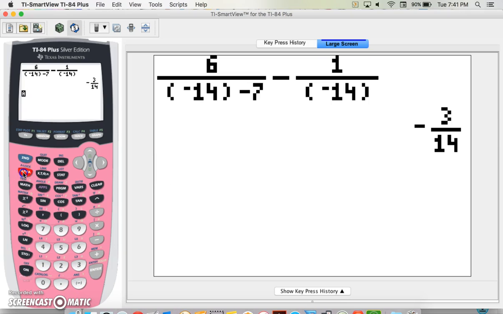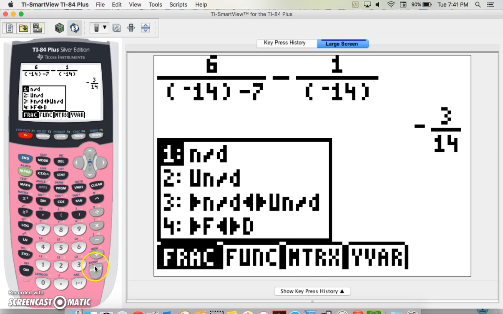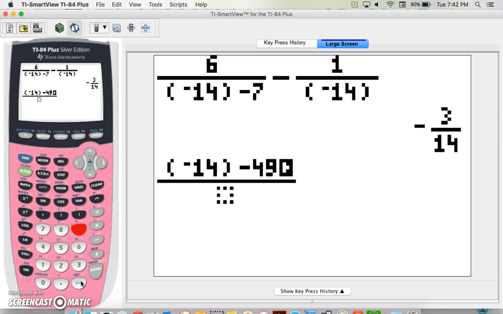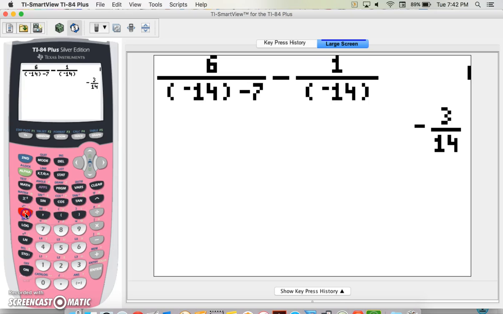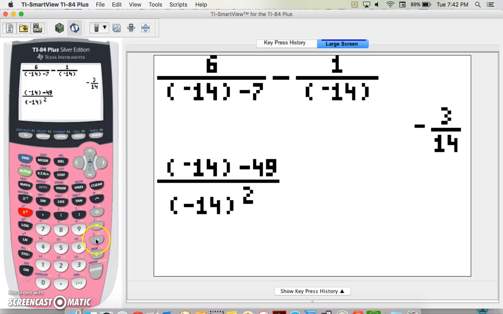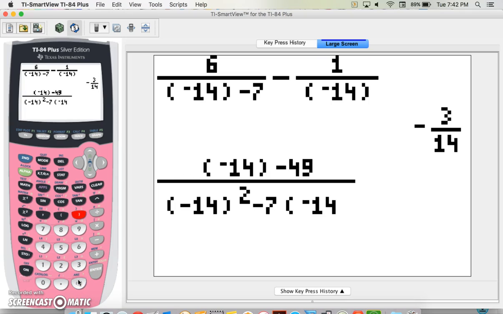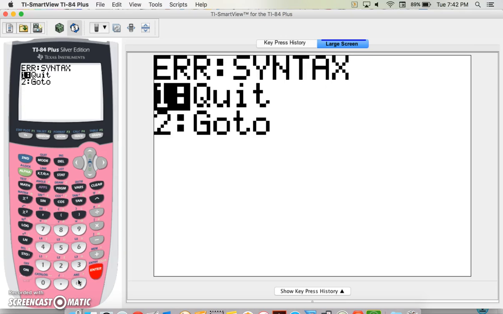On the other side of the equation, we had a negative 14 minus 49 over, and we had negative 14 squared, so that was a squared, minus 7 times a, which is a negative 14. And there we go.